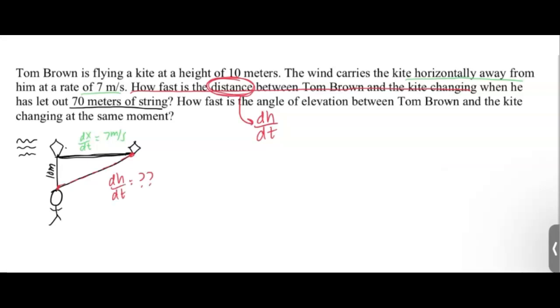So let's find that. We're dealing with a right triangle, a Pythagorean theorem problem. And this is where we ask ourselves what's the constant, and it's actually this y value here. So we can put 10 squared here, so that when we derive, this is now a constant driving to 0, and this will be our formula.